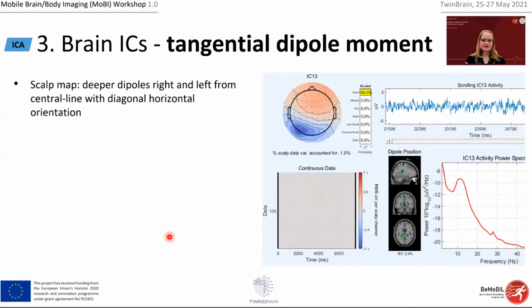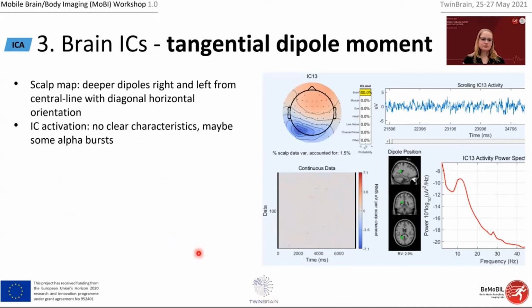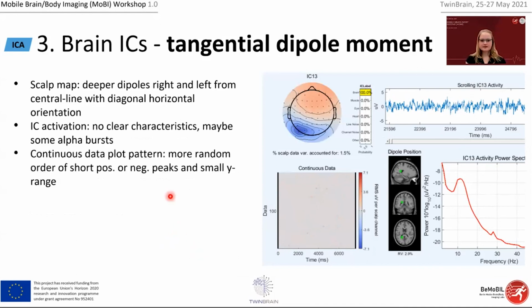And this is another example. So this is more a tangential dipole moment of this independent component. The points are basically similar, just the orientation of the dipole moment is different. And here also we cannot distinguish between the two parts of the data set. This would be more what I expect, at least for this sensorimotor component.